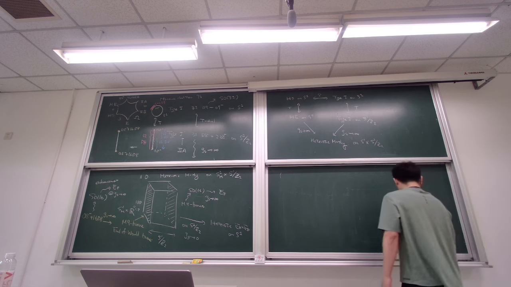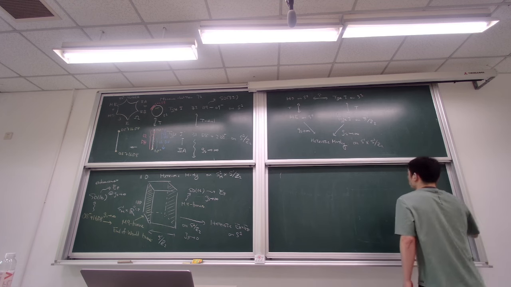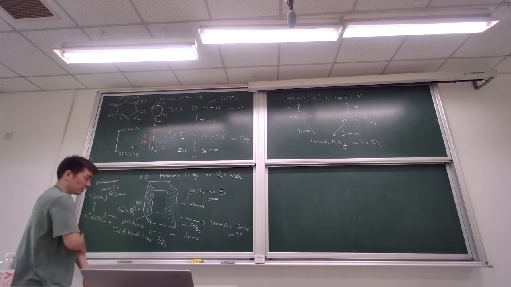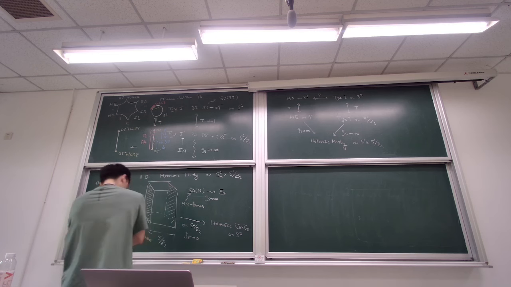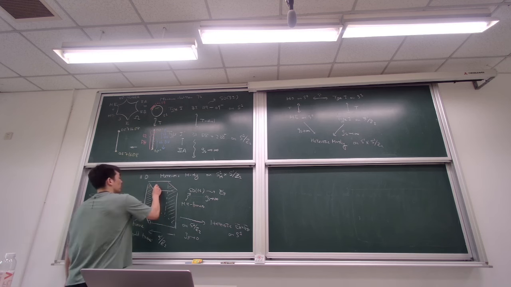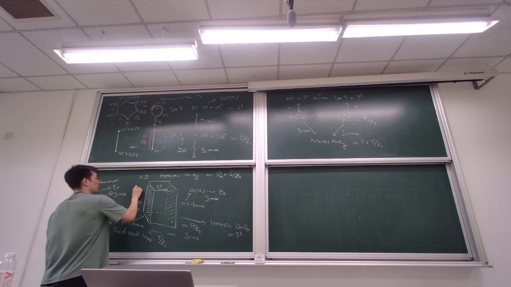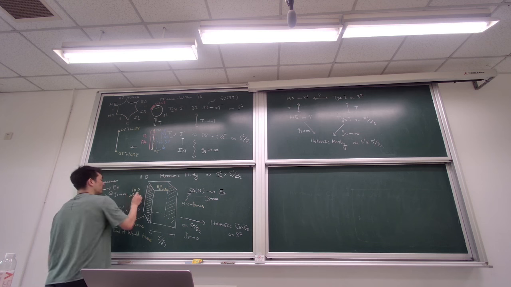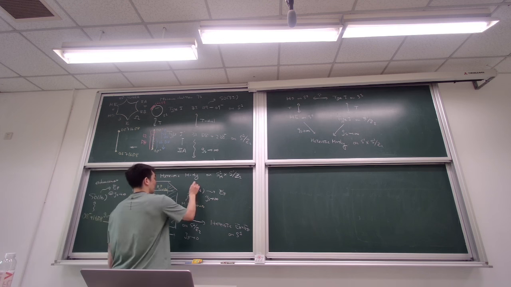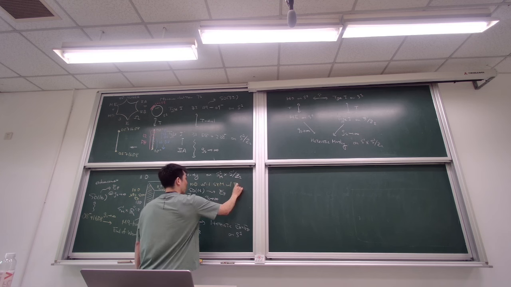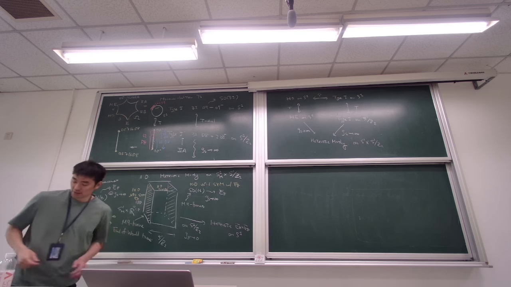So let's talk about the Green-Schwarz anomaly cancellation. So essentially, here is 11D sugra, and this is 10D N equals 1 super Yang-Mills with E8 gauge group, and then anomaly cancels.